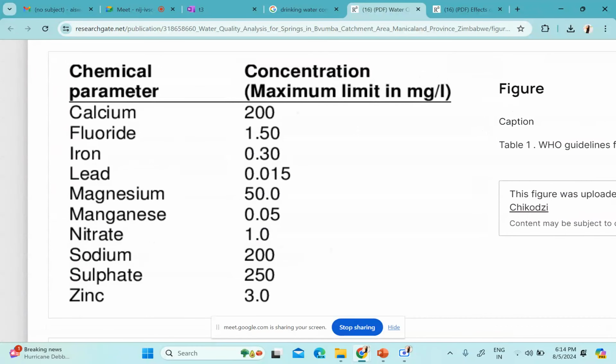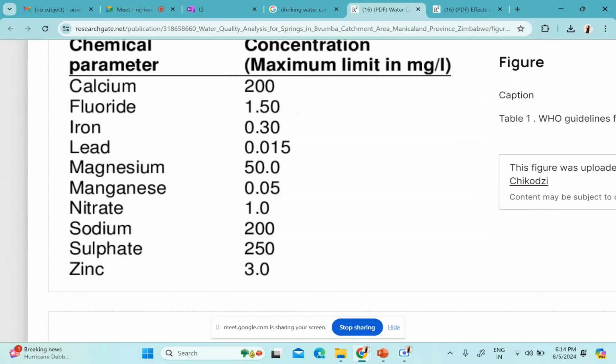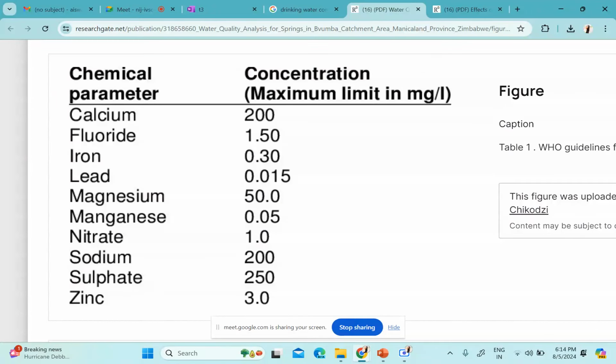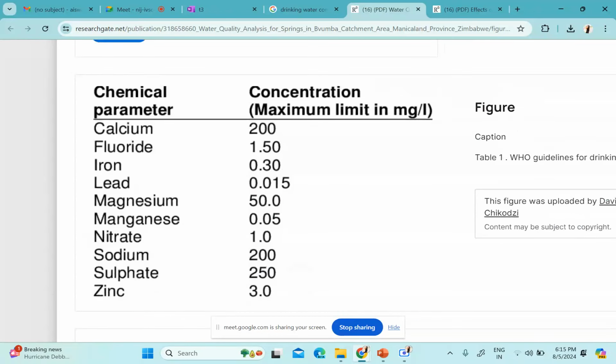So if you prepare some synthetic wastewater, you increase the concentration of all these parameters. If these parameters exceed the allowable limit, then it is a contaminant. That is called a contaminant.